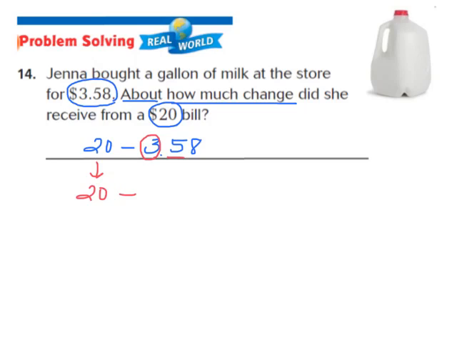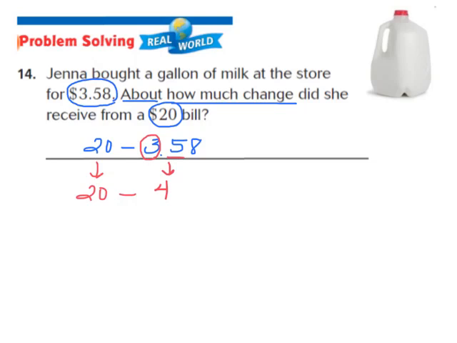Now, since that number is 5 or greater, what that means is I'm going to have to round up my 3. So I'm going to add 1 to my 3, and when I add 1 to my 3, it's going to take me to 4. So 3 and 58 hundredths is going to round to the whole number 4.